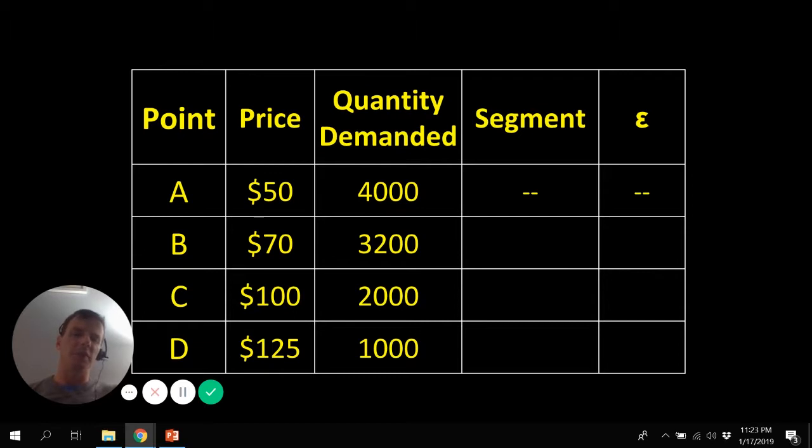Each one of those points is associated with a different ordered pair of price and quantity demanded. Point A is associated with a price of $50 per unit and quantity demanded of 4,000. Point B is associated with a price of $70 per unit and a quantity demanded of 3,200, and so on. What we want to do is fill in the values of epsilon here.